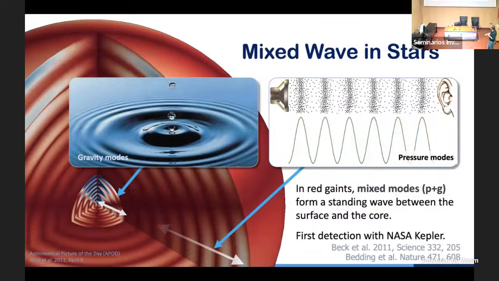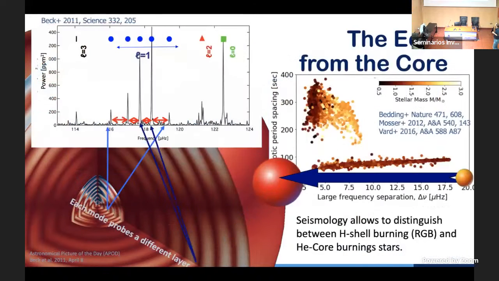And this detection of mixed modes was one of the first big breakthroughs in red giant seismology with the advent of Kepler. With this, we can measure a couple of things. The main effect they're sensitive on is the density gradient between the surface and the core.